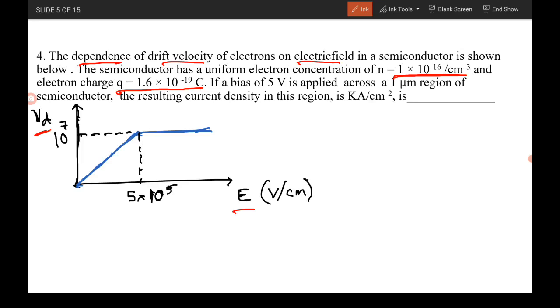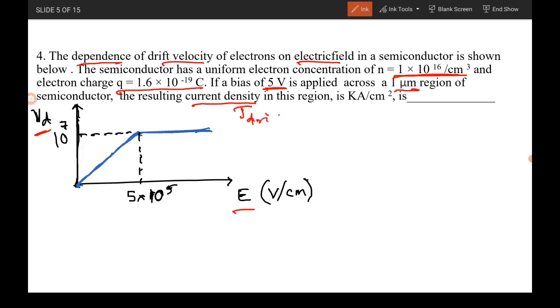If a bias of 5 volts is applied across the semiconductor whose length is 1 micrometer, we have to find the resulting current density, which is J drift.